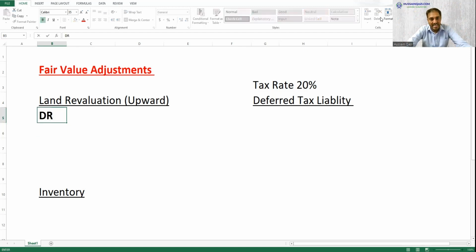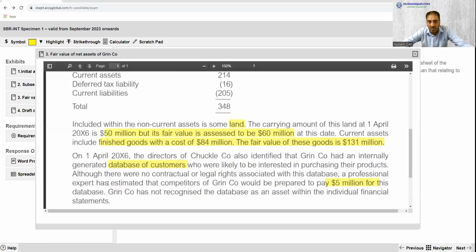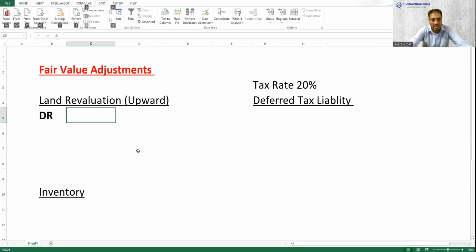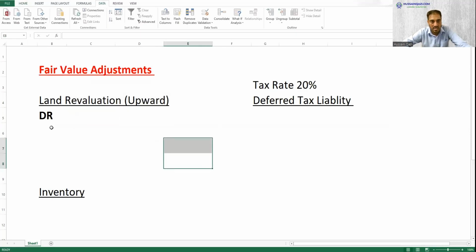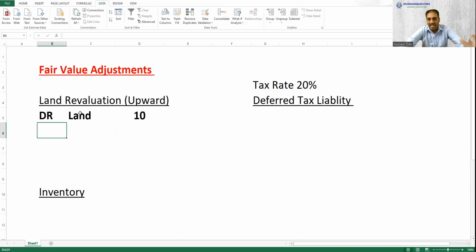Number one, here the case is land revalued from 650 to 660. So that means at the date of acquisition, the subsidiary's land is adjusted upward by 10. This is the adjustment at the date of acquisition. So what's the impact on credit?